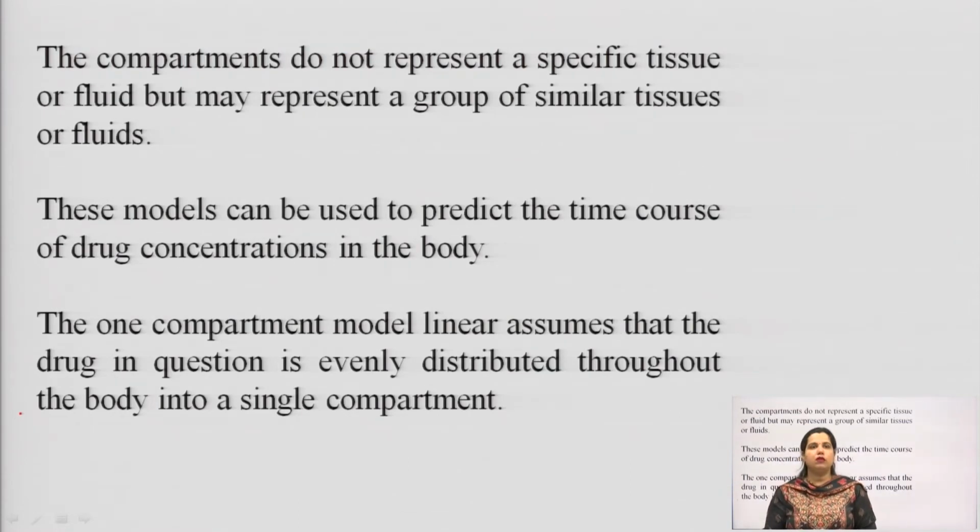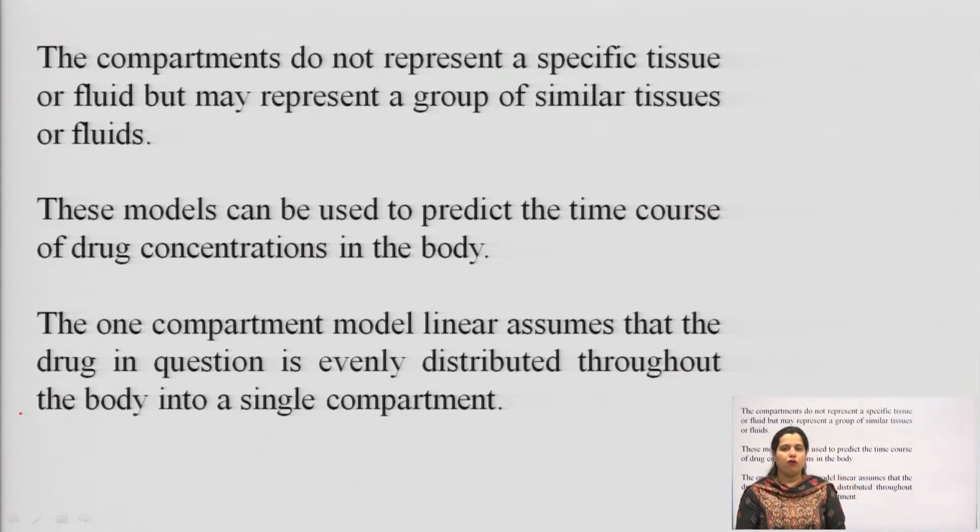The compartments do not represent a specific tissue or fluid, but may represent a group of similar tissues or fluid. If we talk about blood, blood is uniform all over the body and we can consider it as a single compartment. These models can be used to predict the time course of drug concentration in the body.